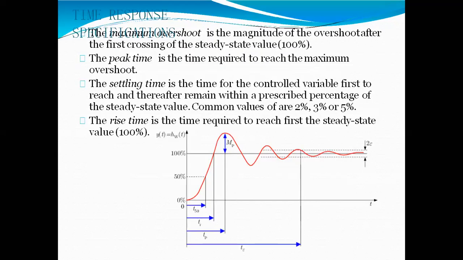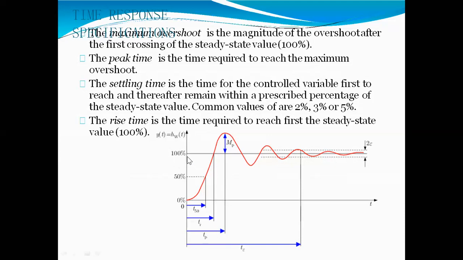Now the other thing, other than this, we have some definitions called the maximum overshoot, represented by MP. What this maximum overshoot is, it's the magnitude, or you can take it in terms of the peak value, or the magnitude of the overshoot after the first crossing.